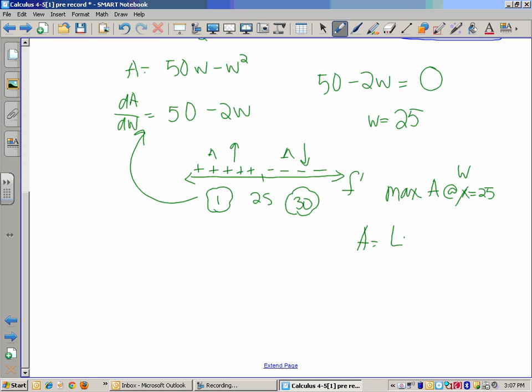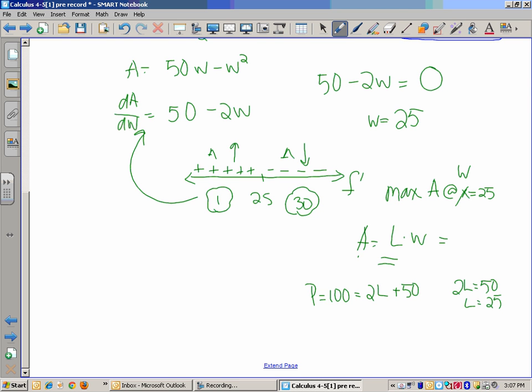So area was length times width. But wait, I don't know L. So now I have to go back to the perimeter equation, plus 2W. So 2L has to be 50, so L has to also be 25.